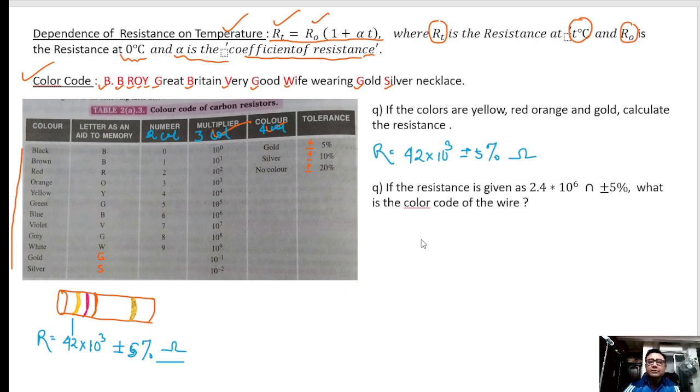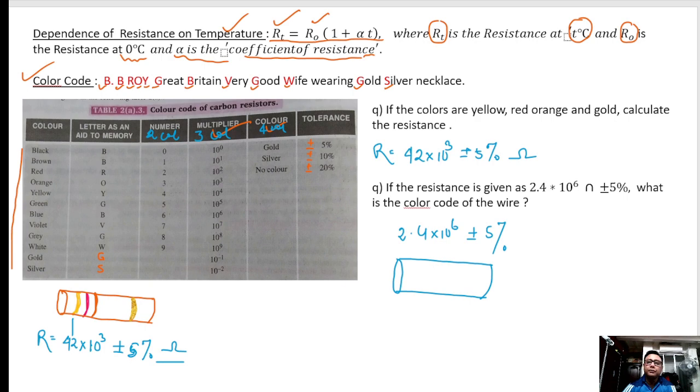Okay. Next, the resistance value is given. See, the value is given as 2.4 into 10 to the power 6 plus minus 5%. So let us draw the color codings on that conductor. What color codings will be there?